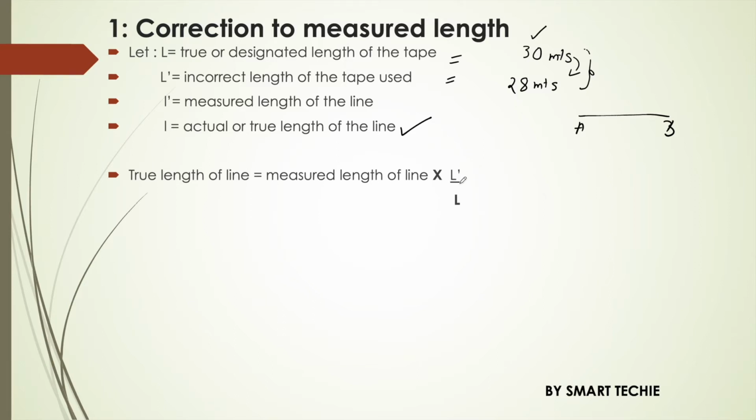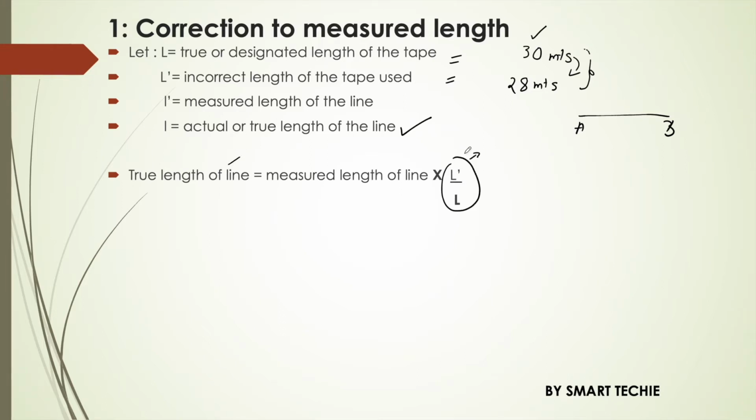I take L dash upon L, where L dash is the incorrect length of the tape used and L is the true or designated length of the tape. This gives me the ratio of the error. When this is multiplied with the measured length of the line, I get the true length of the line.